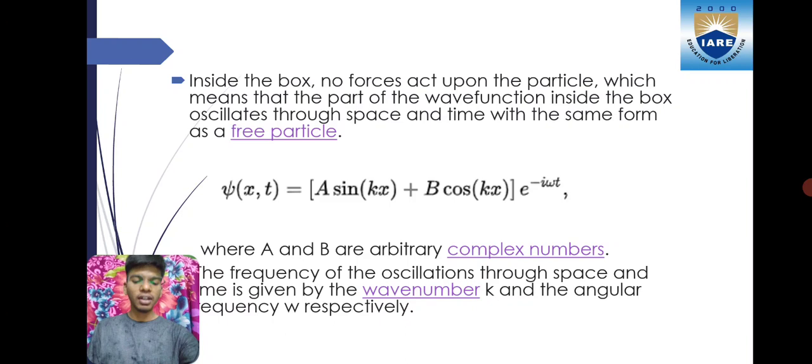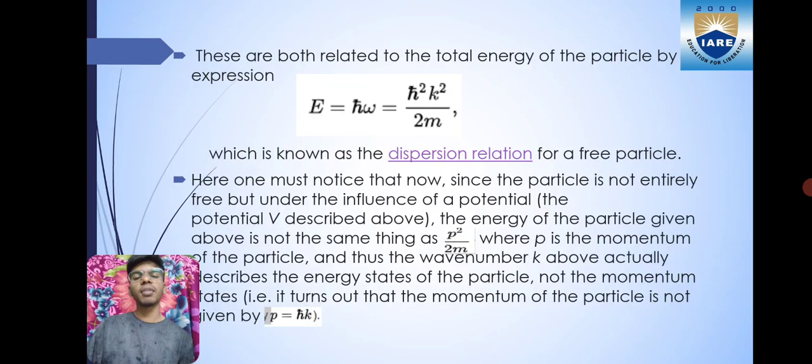These are both related to the total energy of the particle by the expression E = ħω = ħ²k²/2m, which is known as the dispersion relation for a free particle.